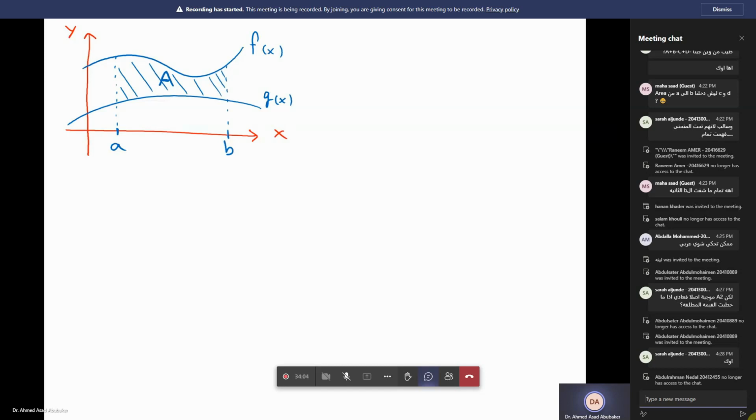If we need to find the area between f of x and g of x, we must find the area by absolute value, by integration from A to B, and which one is above, f of x. So put it f of x minus g of x dx. If we don't know which one is above another, no problem.